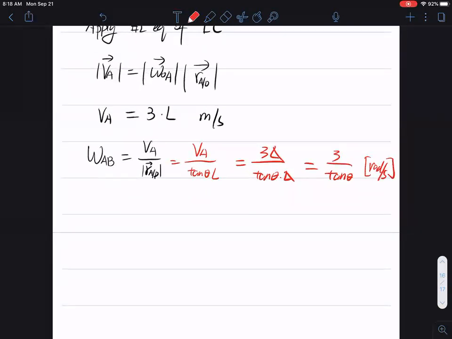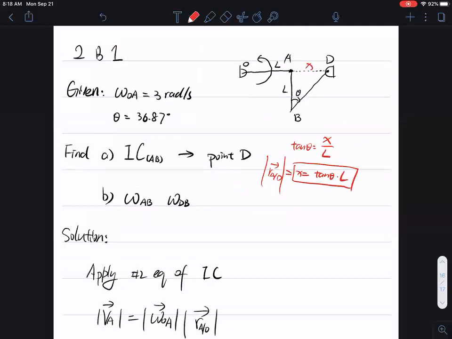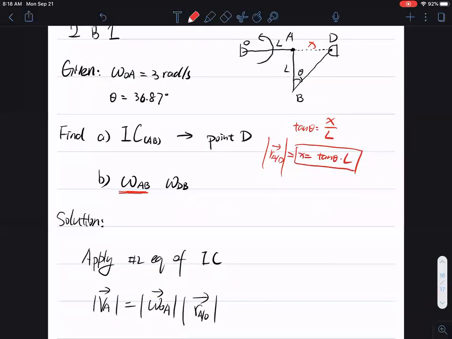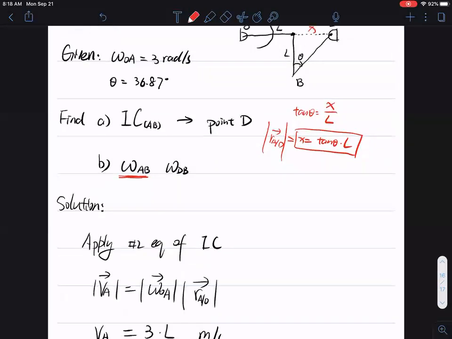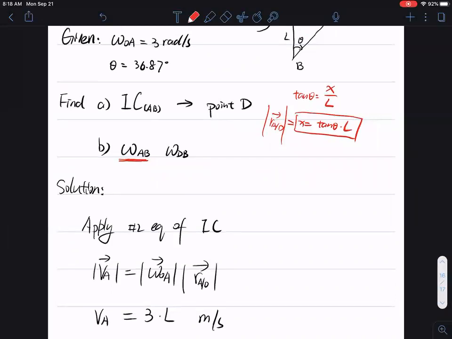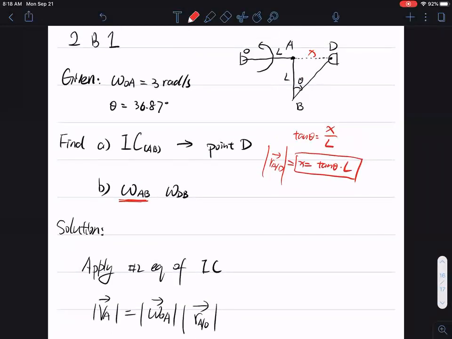All right. So now we solved this part. We found out what is omega for AB. We still need to find out what is omega for BD. Can we do the same thing? Find out one point that we know speed on rigid body DB. It would be easier to use point B, right?